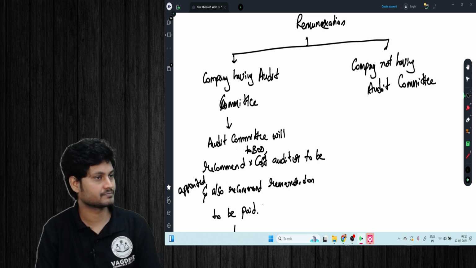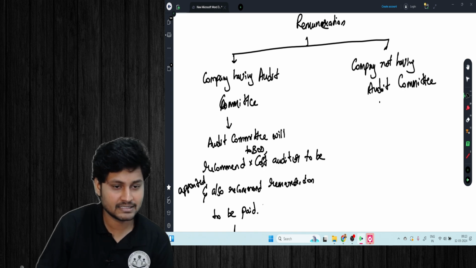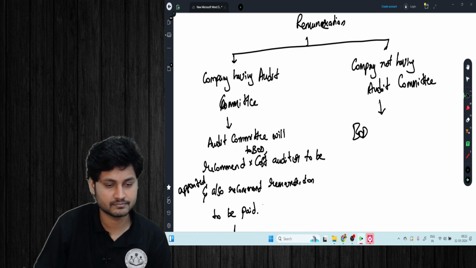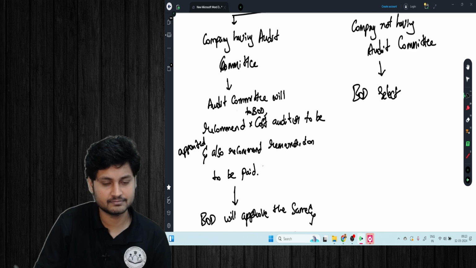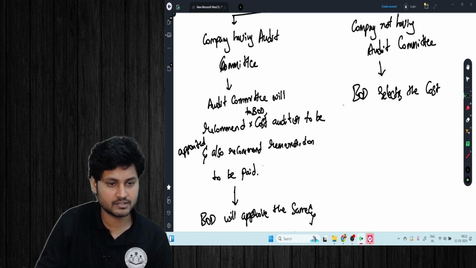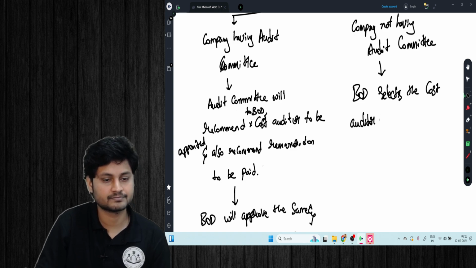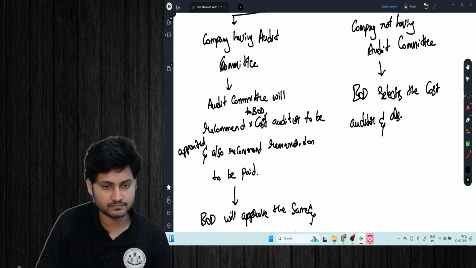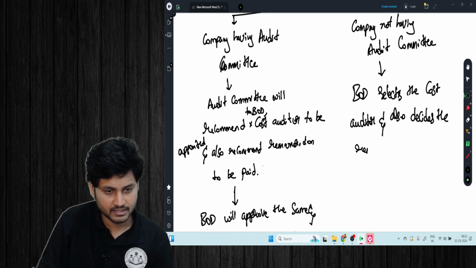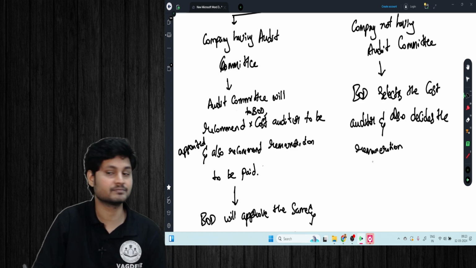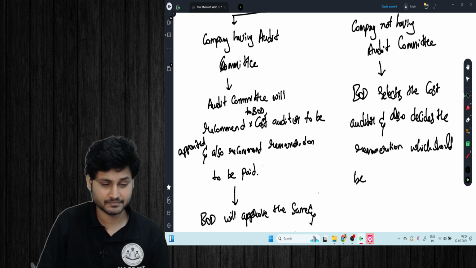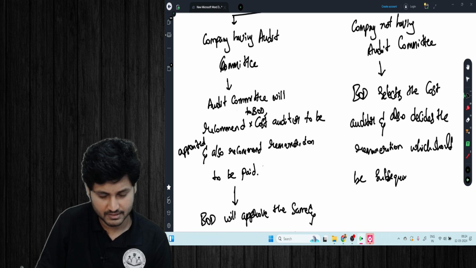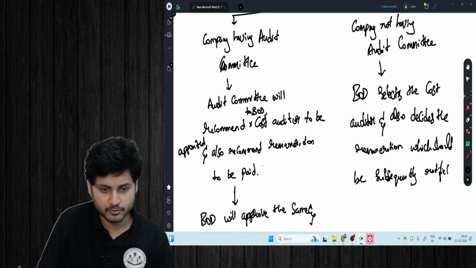Company not having audit committee, then BOD will select the cost auditor and also decides the remuneration, which should be subsequently ratified by whom?